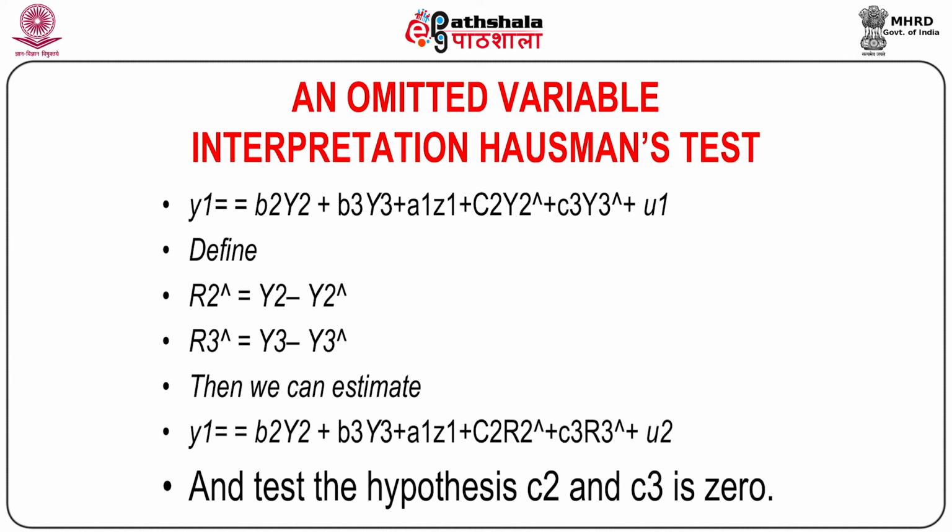We then estimate the model y1 equals b2 y2 plus b3 y3 plus a1 z1 plus c2 r2 hat plus c3 r3 hat plus u2, and test the hypothesis that c2 and c3 are equal to 0. Now, if we find that c2 and c3 are equal to 0, then we claim that there is no misspecification as suggested by the test.